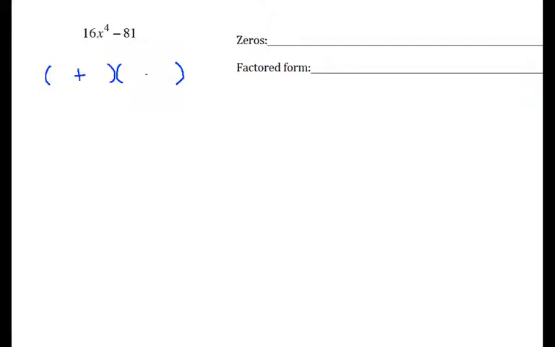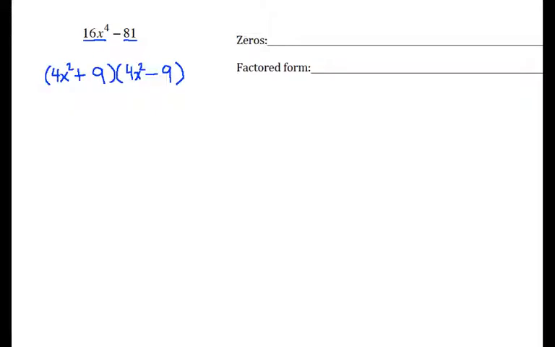So I'll have a plus in the first and a minus in the second, and I fill them in by asking myself what I would square to get each of these terms. To get 16x to the fourth, I would square 4x squared, so I will put that as the first term in both factors. And to get 81, I would square 9, so I'm going to put 9 as the second term in both factors.